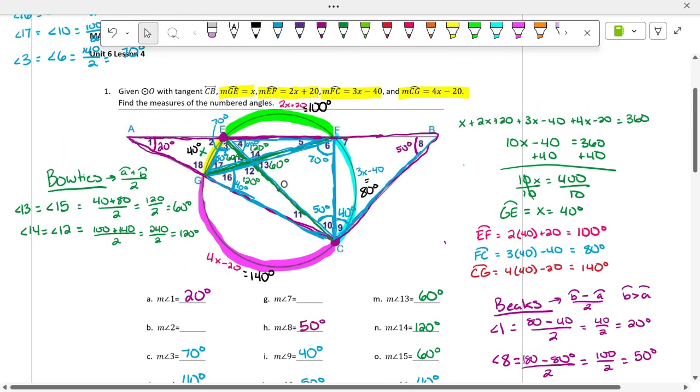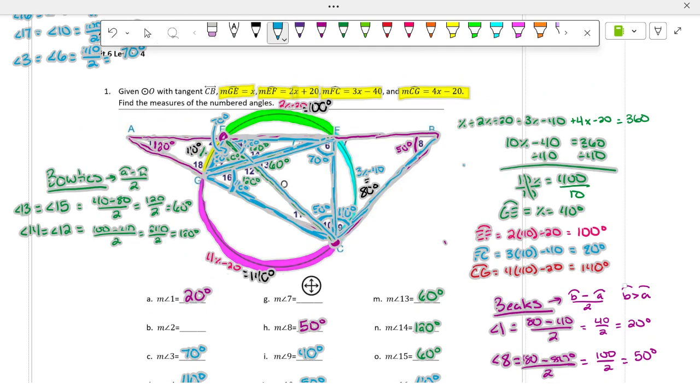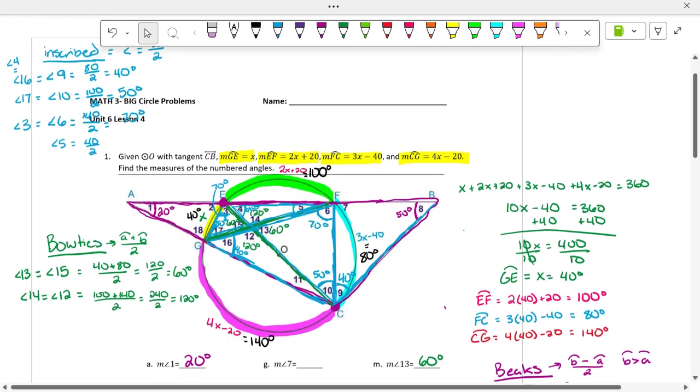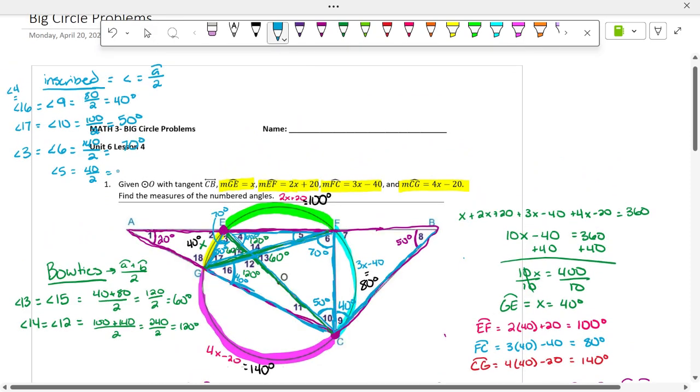What's another one? 5 is 1. What's the arc that intersects? Nope. 40. So angle 5 intersects 40, so we divide that by 2. That would give us 20 degrees. So 5 is 20 degrees.